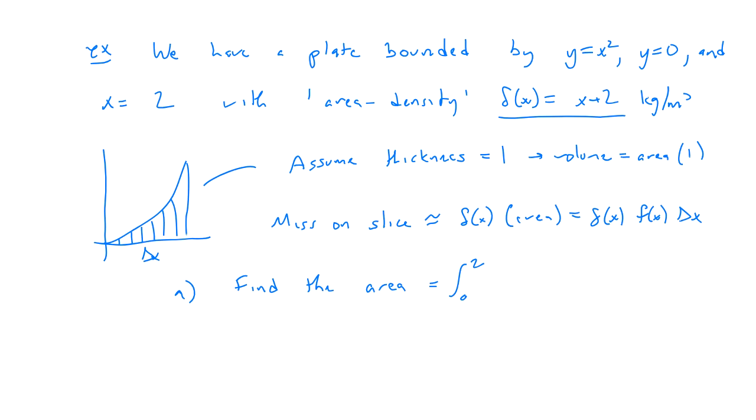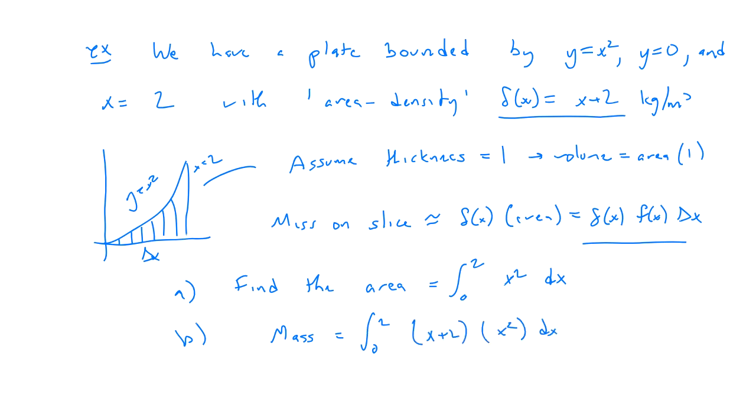It's the top curve minus the bottom curve. So therefore, in this case, this is y equals x squared. And then the mass will be equal to, according to this, the density times the area.